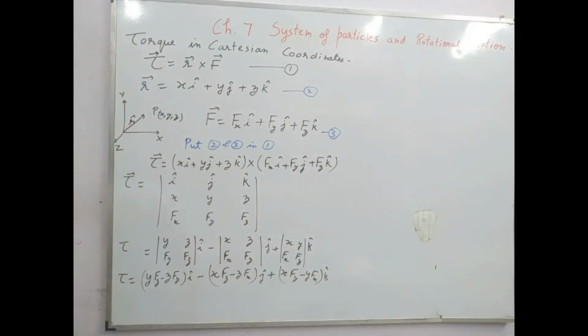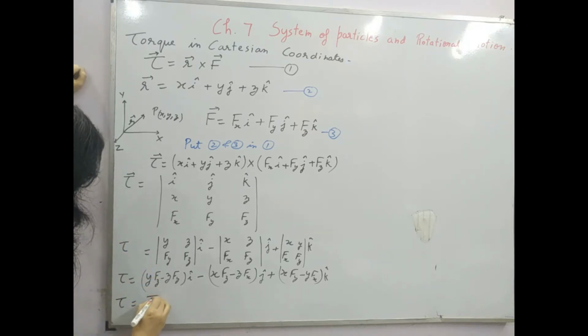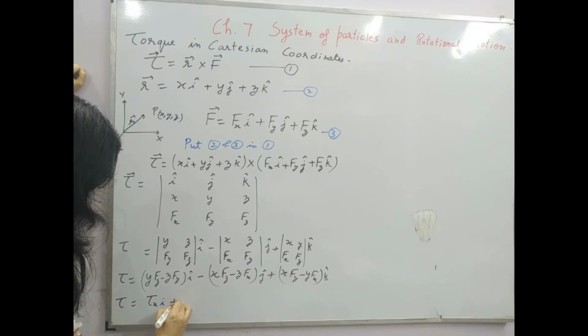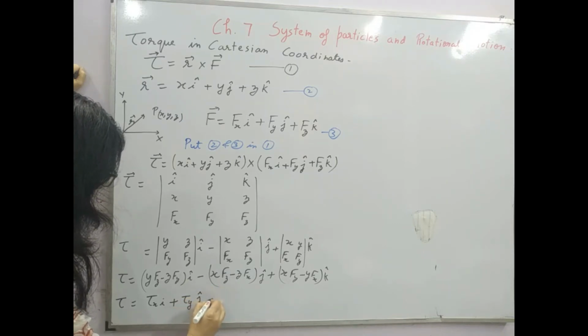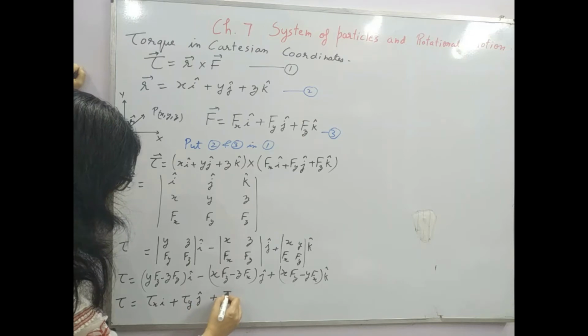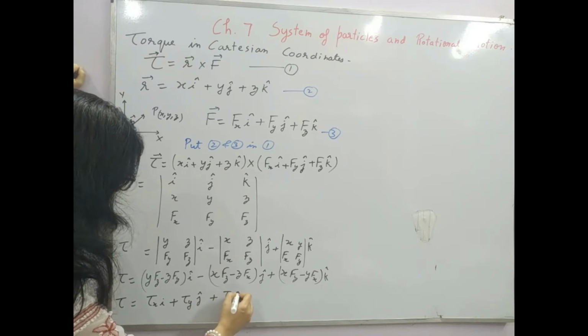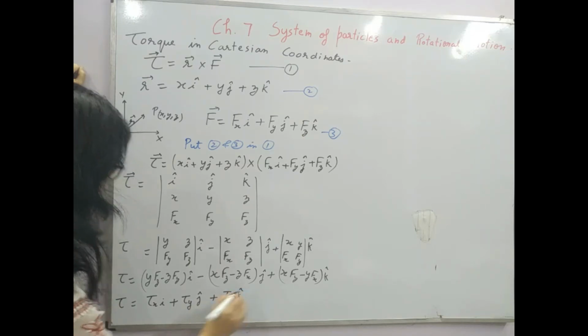So that means we know that torque is perpendicular to the plane containing r vector and F vector. So this will represent torque along x direction i cap plus torque along y direction j cap, plus torque along z direction, that is k cap, right?